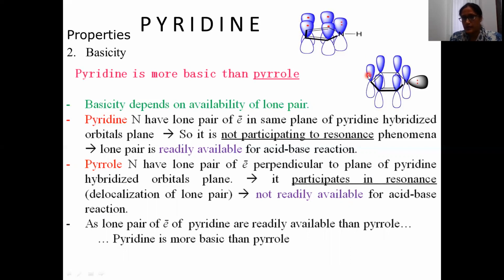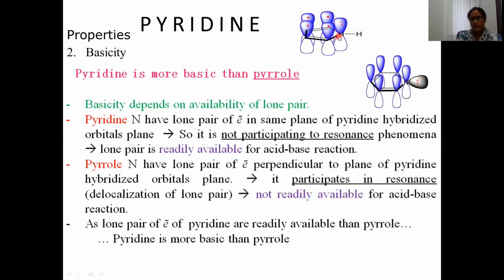But in the pyridine structure, this nitrogen already contributes one electron, and the 5 carbon pi electrons are involved in the pi molecular orbital delocalization process, but the non-bonded lone pair of electrons is free for acid-base type reactions. Because the nitrogen contains one extra non-bonded pair which is free from the delocalization of pi electrons, it does not participate in the resonance process.